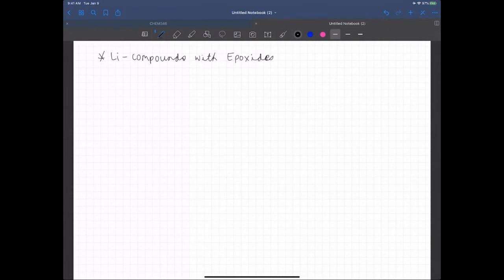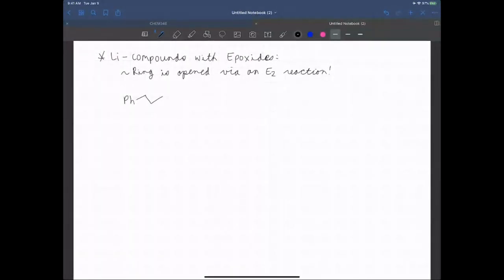Okay. The epoxide ring is opened via an E2 reaction. So let's look at one example here.